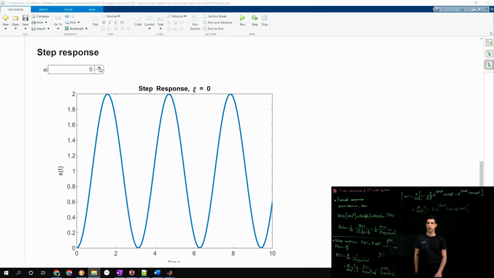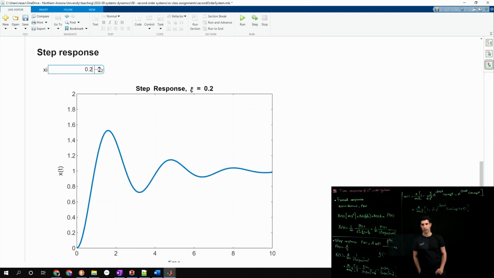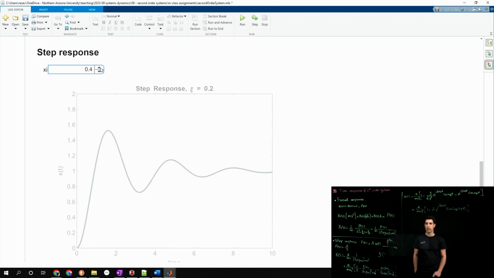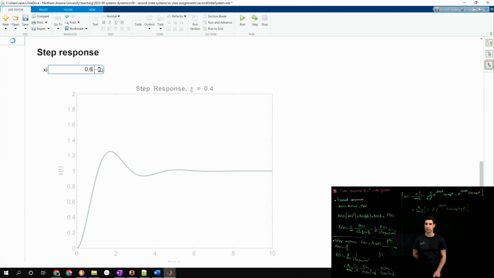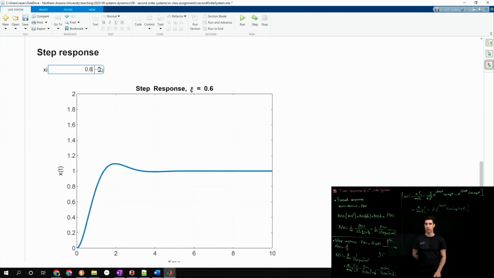Now if I increase z, my system again comes here, overshoots, but eventually comes back down and settles. And increasing the damping ratio starts to eat into the oscillations and shrink the oscillatory behavior of the response.